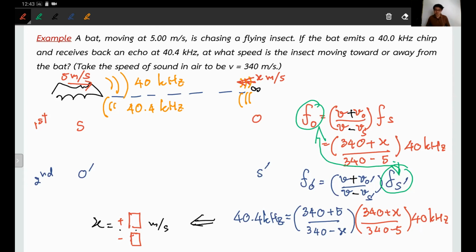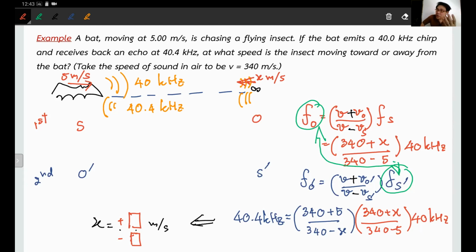Cool. I keep saying cool. The reason I keep saying cool is because this is an example that showcases the characteristic of the Doppler effect. Look at this. You can actually calculate the speed of the insect by just checking the shifted frequency from the echo. You see where this is going?